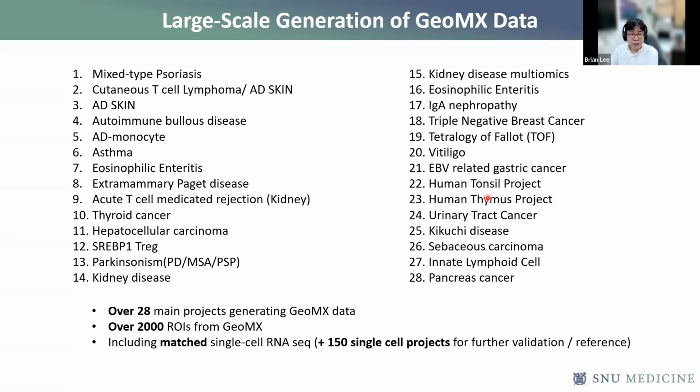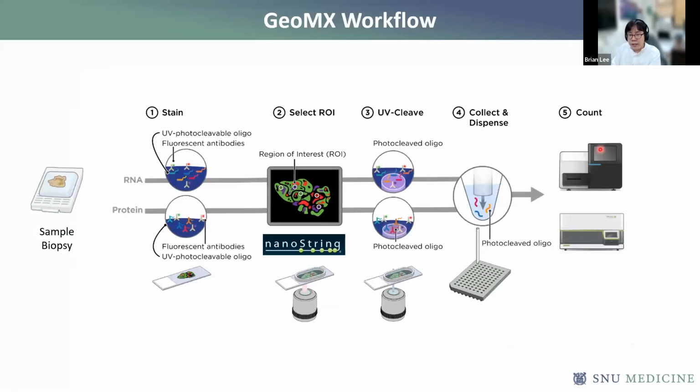And so obviously I'm not going to have time to speak about all of these today, so I'll just speak about a few of these projects. I don't think I need to really go into the details, as I'm sure many of you already know very well what the GeoMx workflow entails. But just to briefly recap how it works: we collect sample biopsies, either FFPE or frozen. We then section those onto slides, and those slides are subjected to UV photocleavable oligos and fluorescent antibodies.